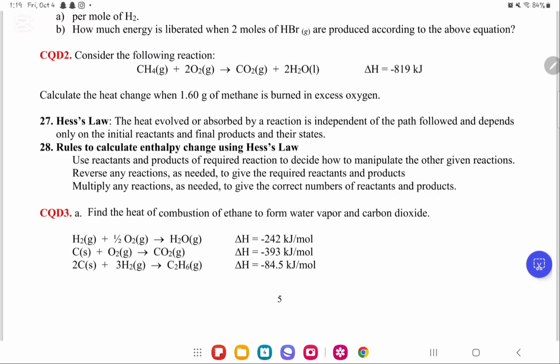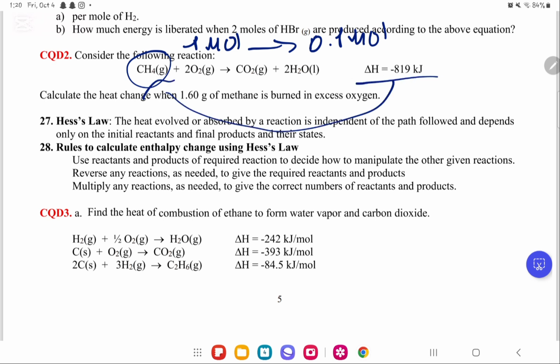So that means the CH4 went from 1 mole to 0.1 mole. Okay? If delta H for 1 mole of CH4 is negative 819 kilojoules, how about for 0.1 moles? Very simply, we multiply it by 0.1 moles, and we're gonna get negative 81.9 kilojoules.